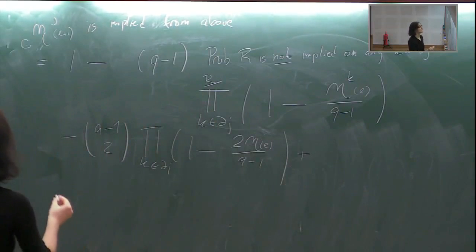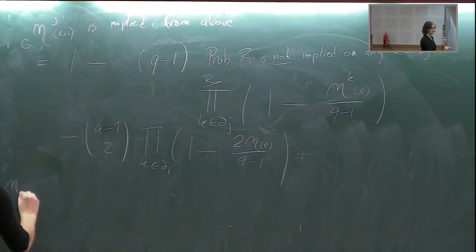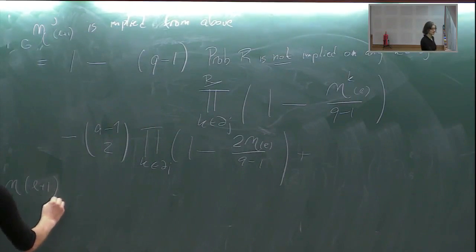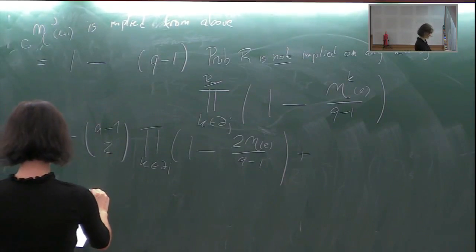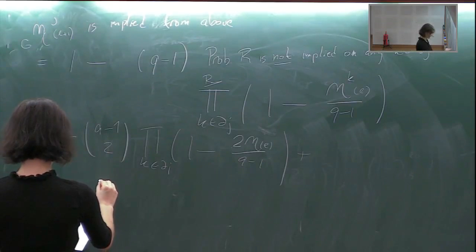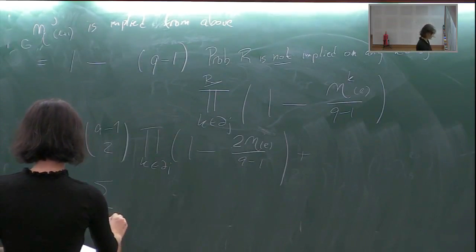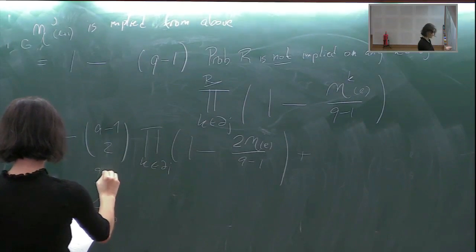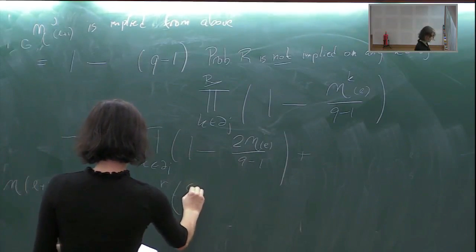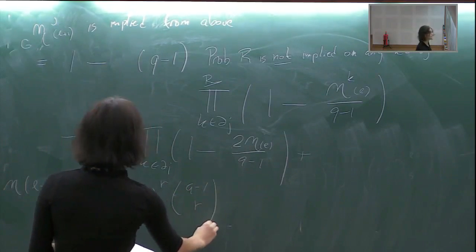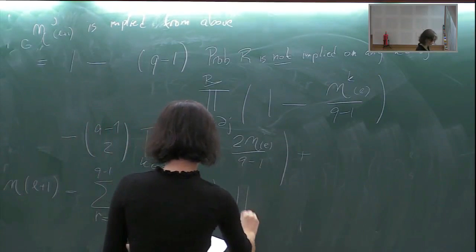So at the end, what we wrote here is that this eta at generation L plus 1 is equal to, and this is something that people like to call the telescopic sum, some sum like this of minus 1 to the power r, q minus 1 choose r, and this product here.